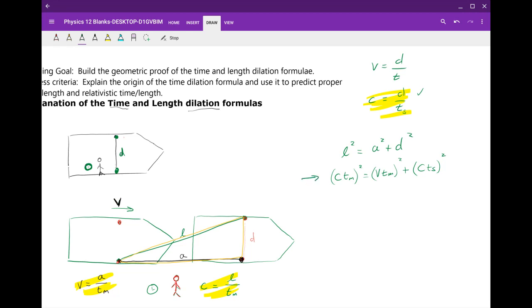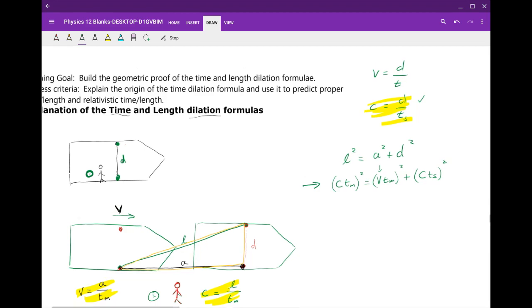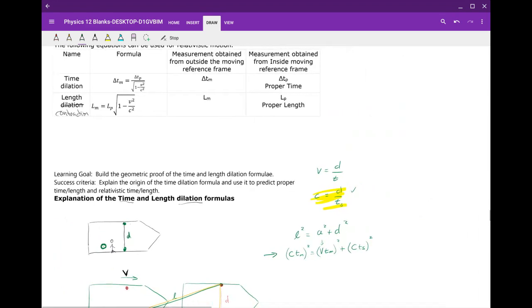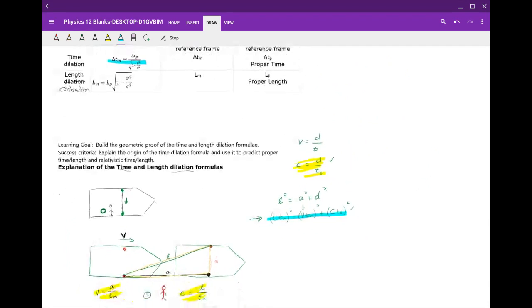And this right here is now the relationship between the 2 times in terms of the velocity with which the ship is moving compared to the person outside, okay? And if you do some algebra on this equation, you can make it look exactly like this, okay? But I'll do that in just a moment.